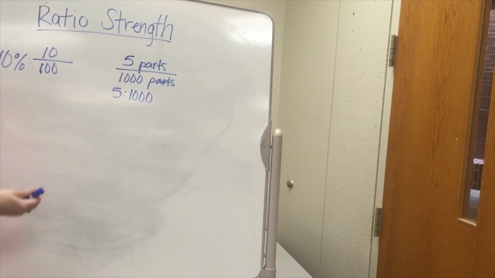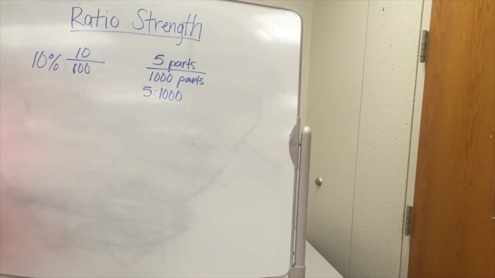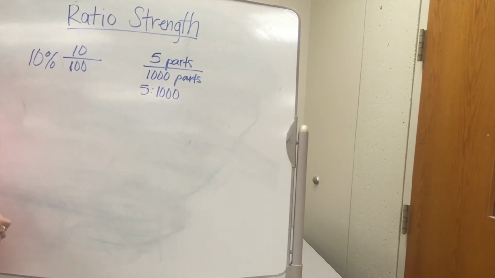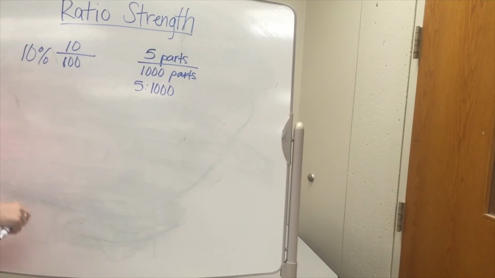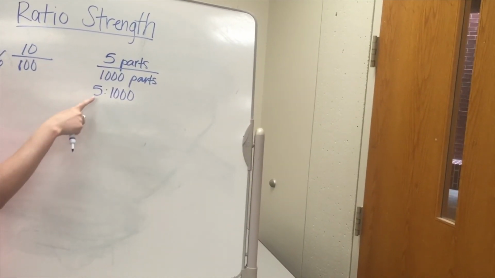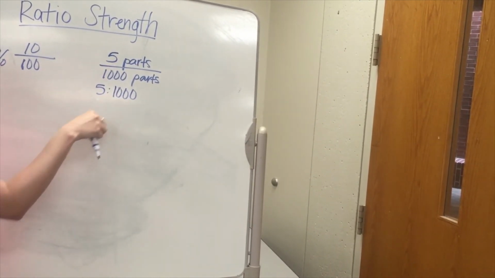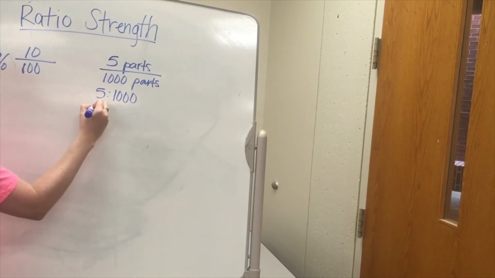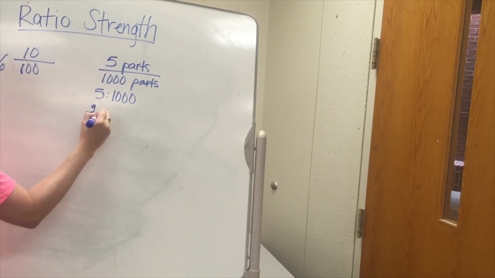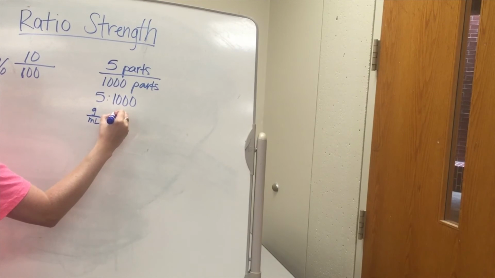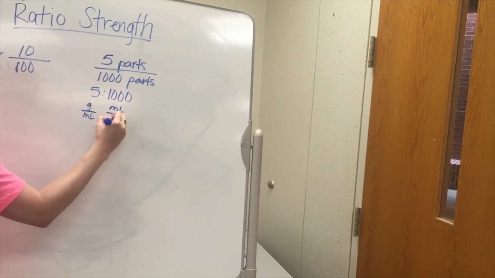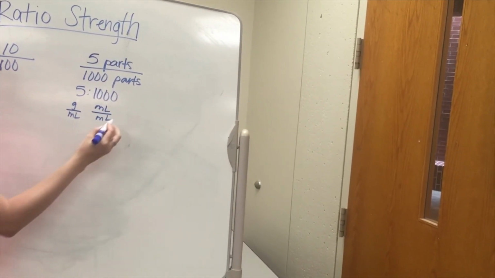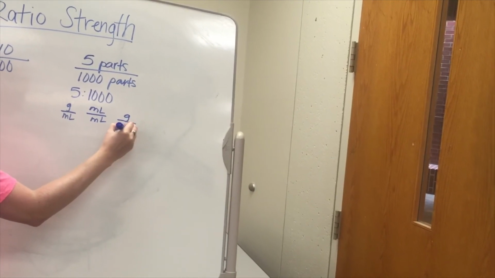And in terms of weight and volume, volume and volume, or weight per weight, this is going to mean 5 grams in 1,000 mLs, 5 mLs in 1,000 mLs, or 5 grams in 1,000 grams.